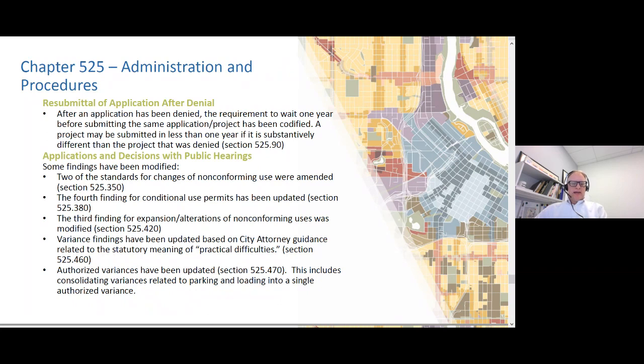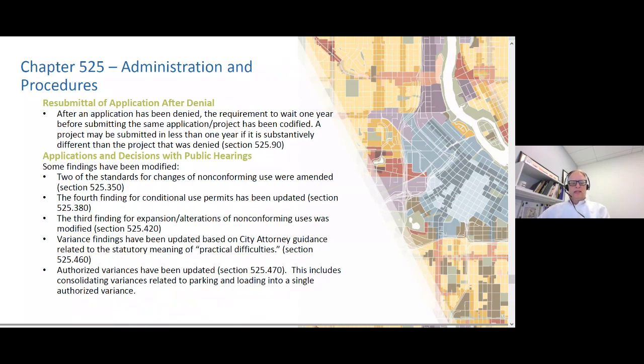We codified a standard also that was previously a practice where if a project was denied, the exact same project could not be resubmitted within 1 year. A project that differs substantively in some way can be submitted essentially immediately.